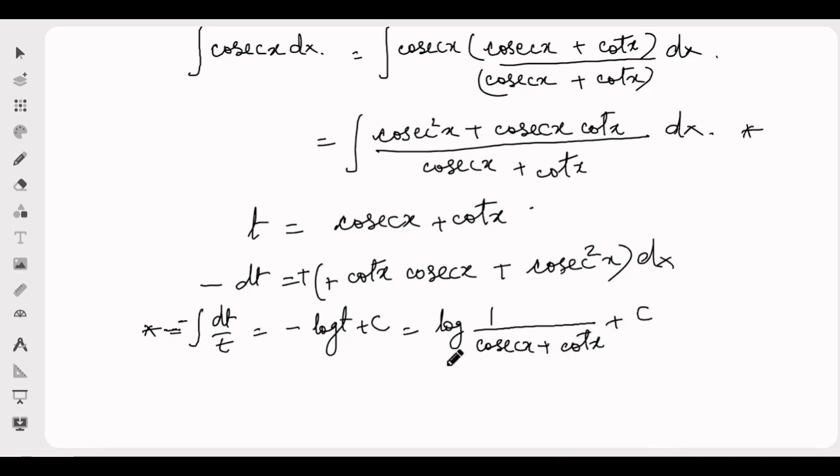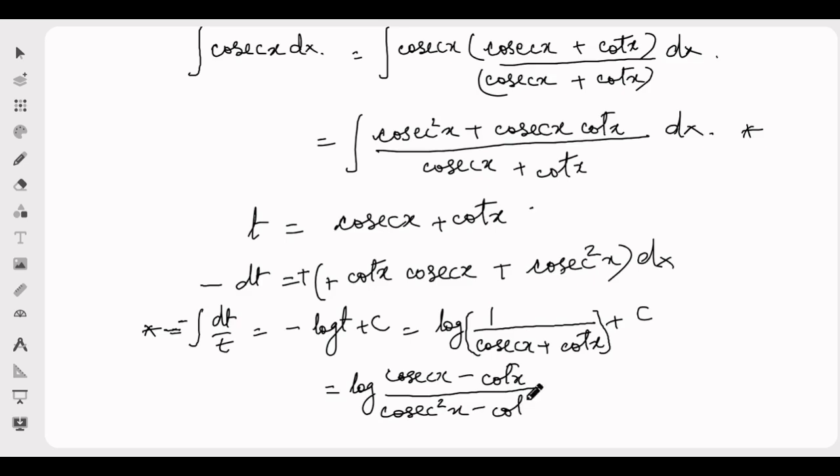plus constant of integration. Let us multiply the numerator and denominator of this expression by cosec x minus cot x. So you will get log of (cosec x minus cot x) upon (cosec square x minus cot square x) plus constant of integration.